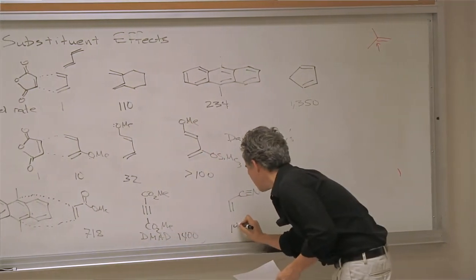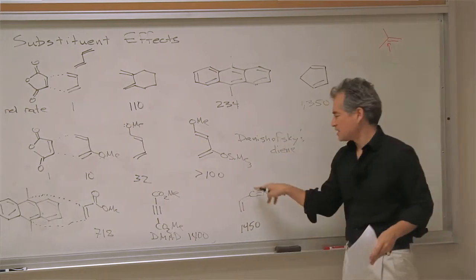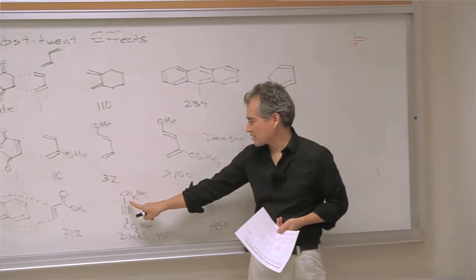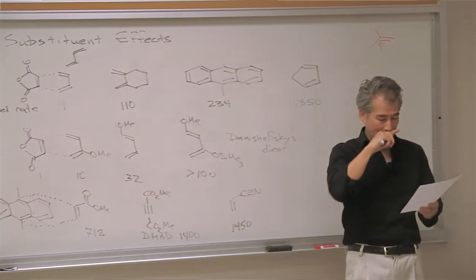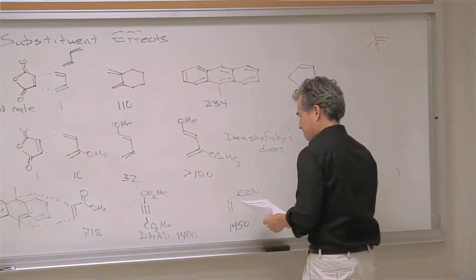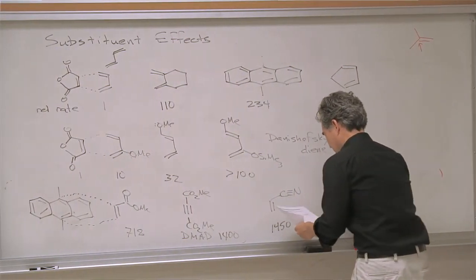It's actually comparable to have a nitrile on just a simple alkene as to have 2 esters on the alkyne. Alkenes are intrinsically better in this case.